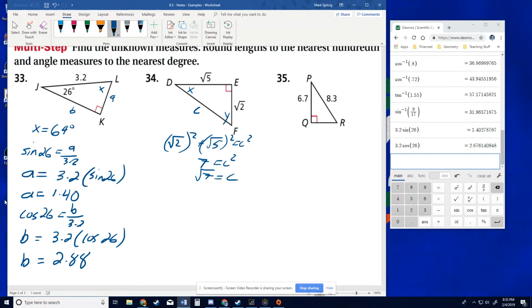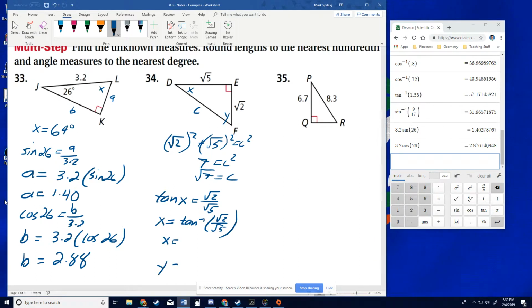Then to find this angle, we can use the two sides that we know: we have opposite and adjacent. That's tan. We see the pattern here, hopefully. The tan of an angle is going to be radical 2 over radical 5. So the actual angle is the inverse tan of radical 2 over radical 5. Let's get that value.